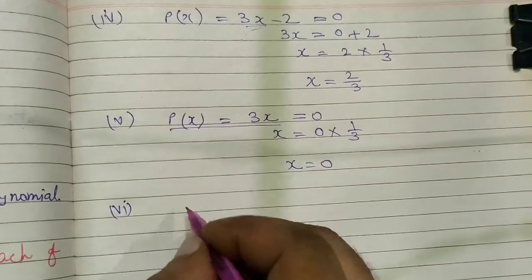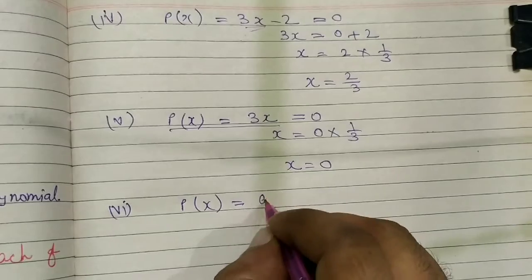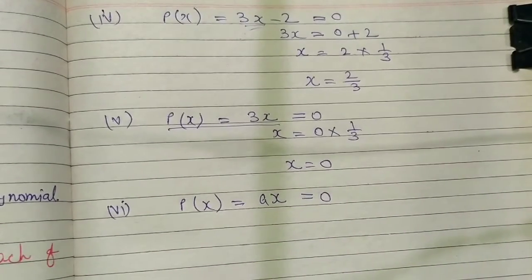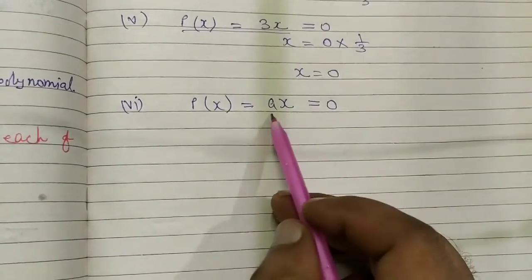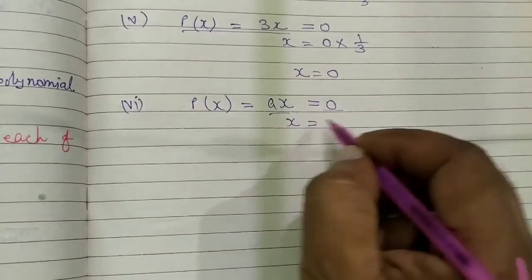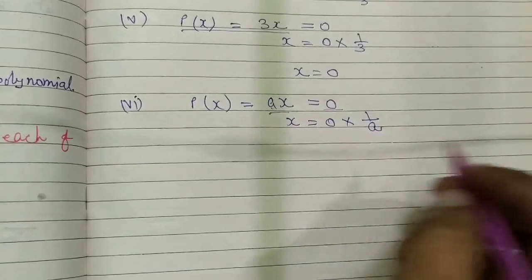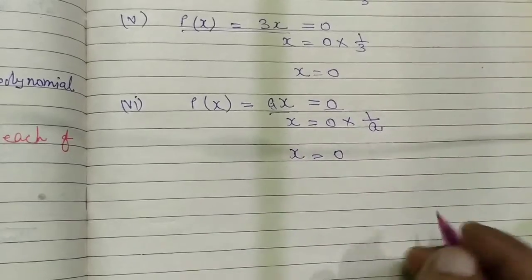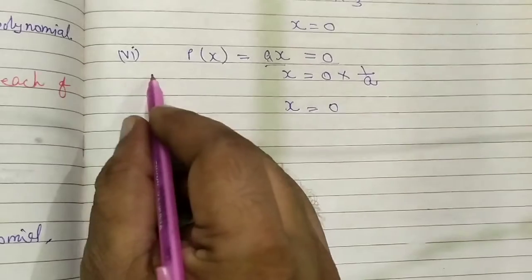Now the sixth part of this question number 4, it is ax, which again, as we just did in the previous questions, is equal to 0. So let's transpose whatever we don't need. Now it is a here, so it will become 1 upon a, so it will be 0. The same, x equal to 0 is the 0 of the polynomial, right? This was the sixth part.